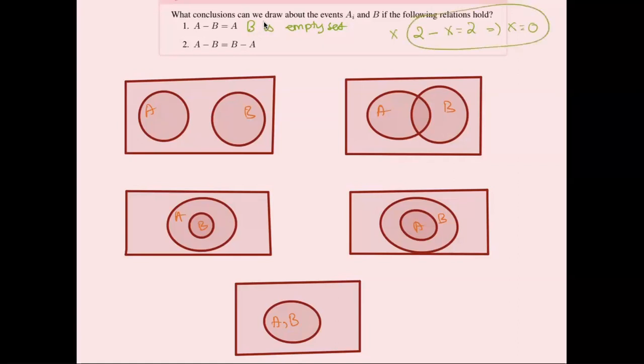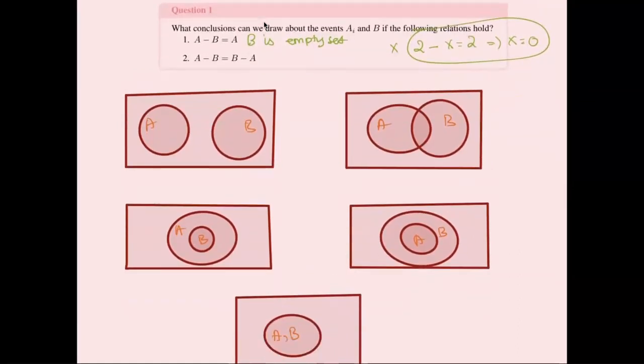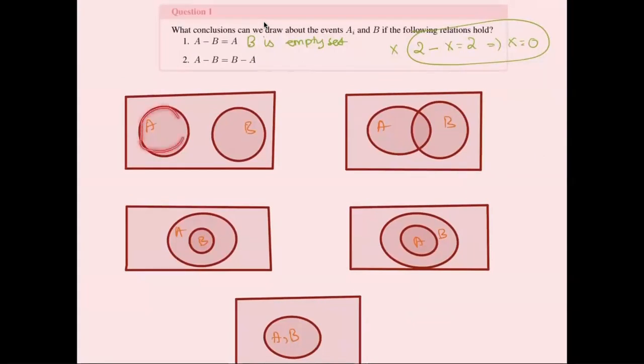So we have to be careful. If you look at each case here, you have A exclude B. It's just this one, right? And it is equal to A. And if you test it for any other situation, for example, this one, A exclude B is this part, but it is not A. So if you test it for every other case, you will see that it does not hold true. So the answer here should be A and B are disjoint.